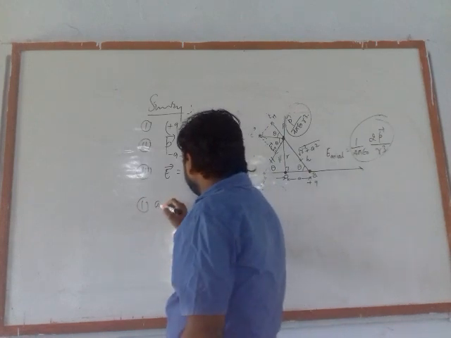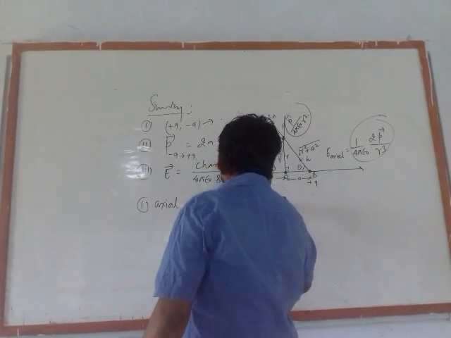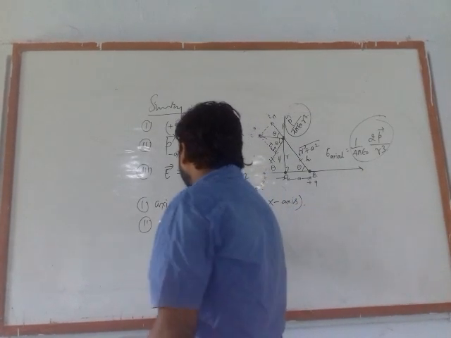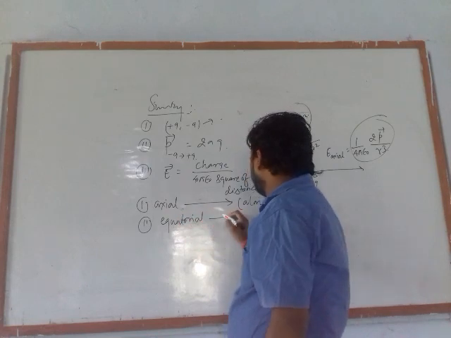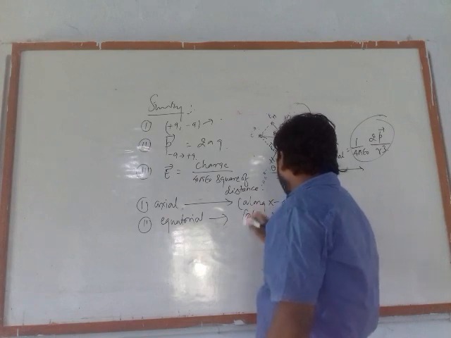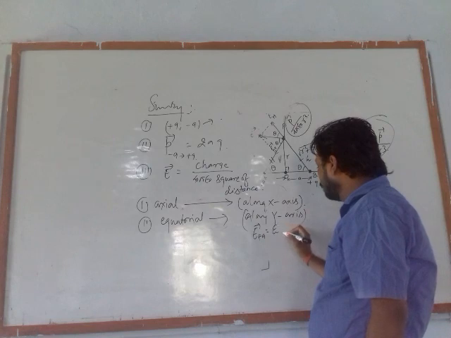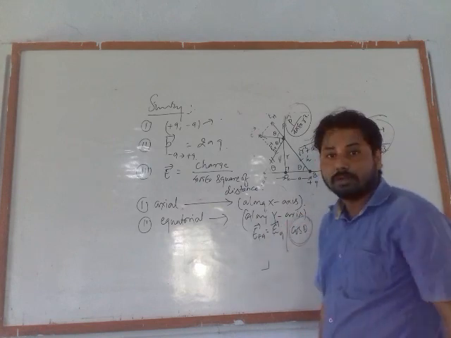You can remember axial as along the x-axis, so you need to find the field along the x-axis. Equatorial means you need to find the field along the y-axis. In the y-axis, the field due to the positive charge and the negative charge will be the same, and you only need to find the value of cos theta.